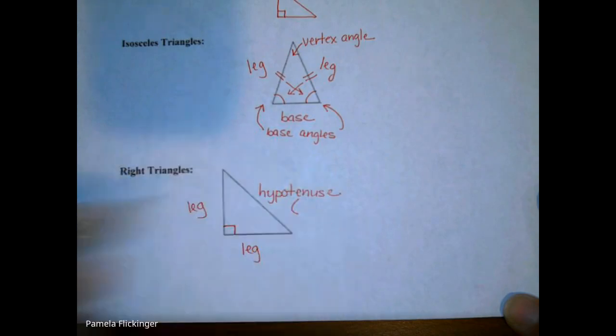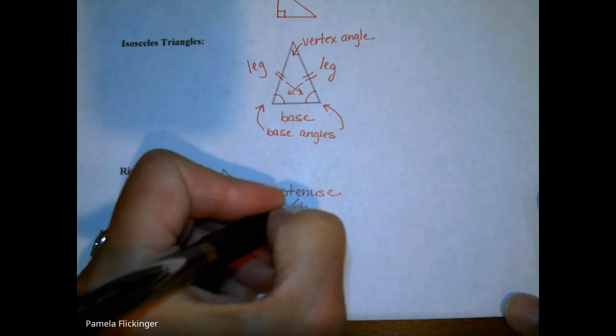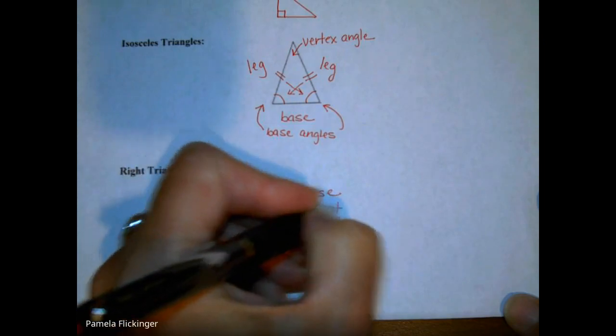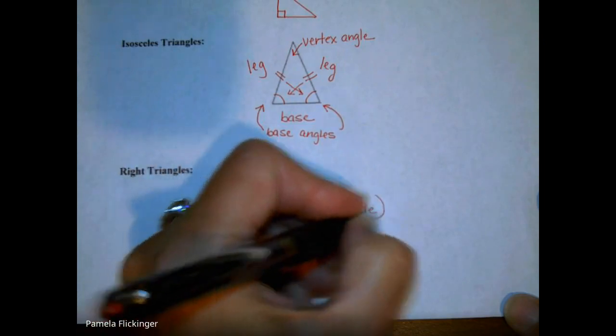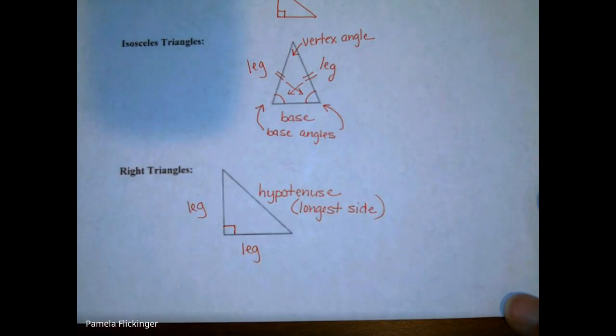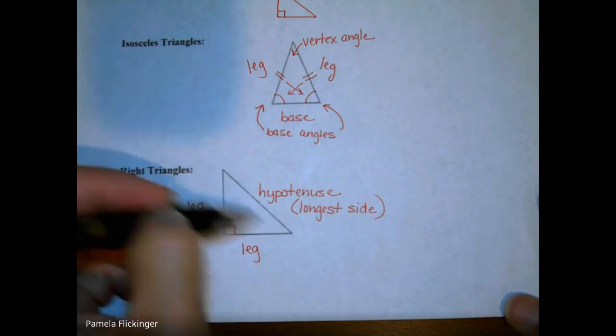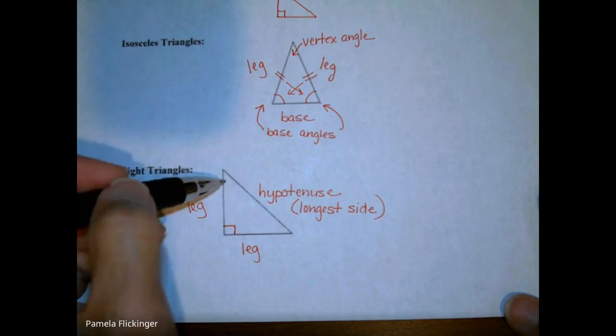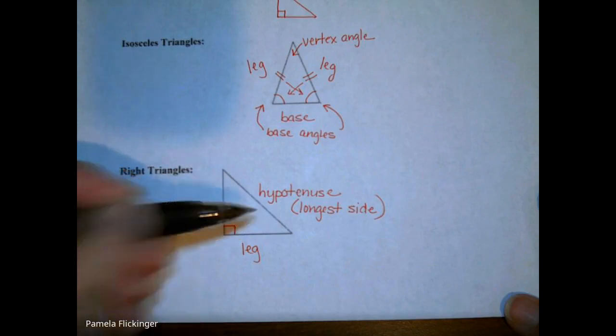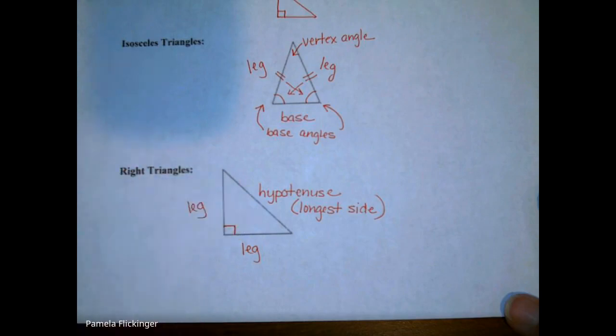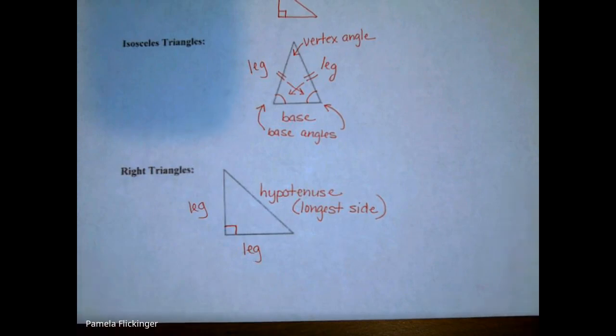And in a right triangle, that is always the longest side. Okay. There are no special names for the two other angles. Those are just acute angles. They'll always be less than 90 degrees. We'll spend an entire chapter on right triangles a little bit later in the class.